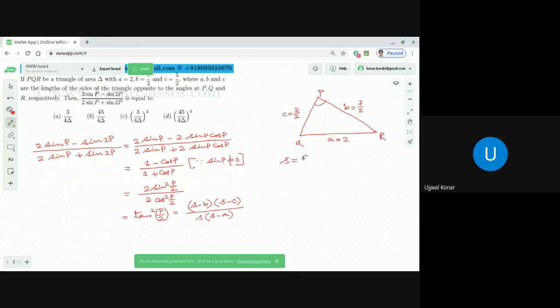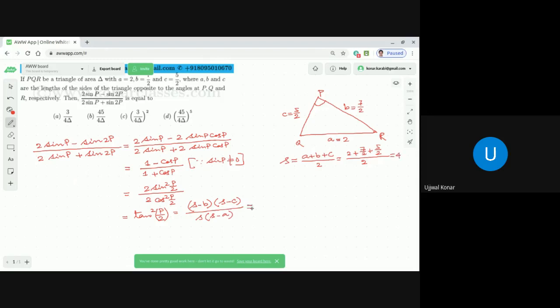That is the semi-perimeter, (A plus B plus C) by 2, which is equal to (2 plus 7 by 2 plus 5 by 2) divided by 2. So 7 by 2 plus 5 by 2 is equal to 6. 6 plus 2 is 8, by 2 that is equal to 4. So we find the value of S equal to 4.